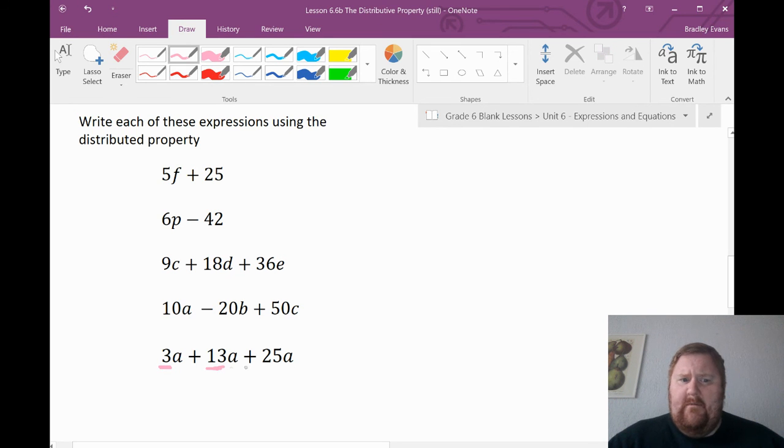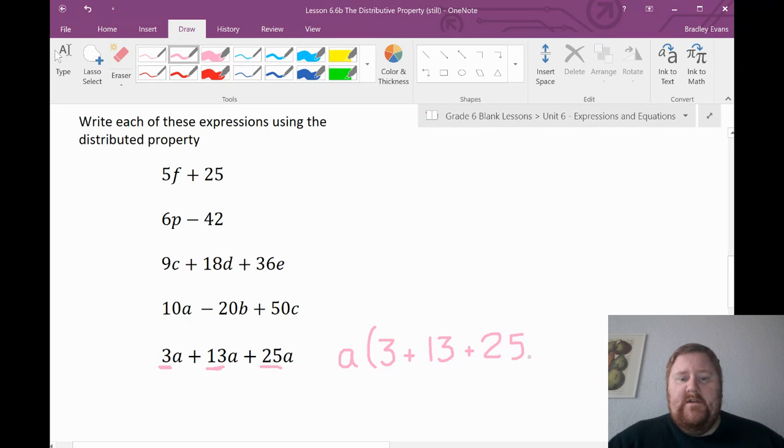They're all prime numbers, well, except for 25. But I do see that they have an a in common. So I'm going to take out the a this time and then distribute it amongst the others. So I have 3, and then dividing 13a by a, I'm left with 13. And dividing 25a by a, I'm left with 25.